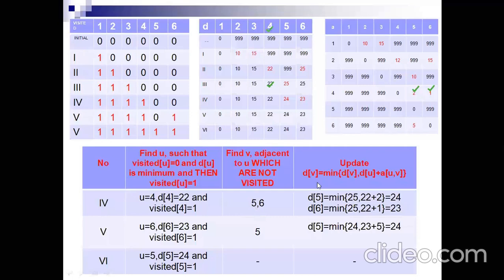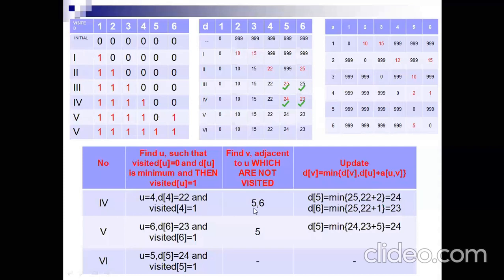And even d6 you can see here. d6 earlier was 25 and it now gets updated as what? Updated as 23 because that's the shortest there. So you can now find that d5 earlier was 25, gets updated to 24. d6 earlier was 25, which gets updated now to 23.